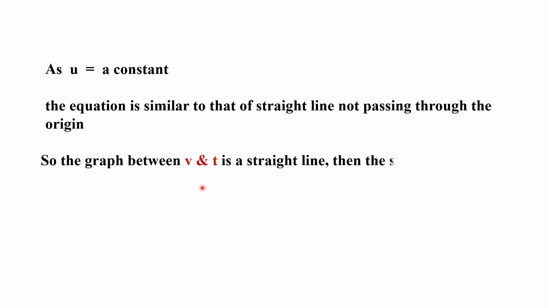So the graph between v and t is a straight line, and the slope of the graph, dv by dt, is equal to a. So option 3 is correct.